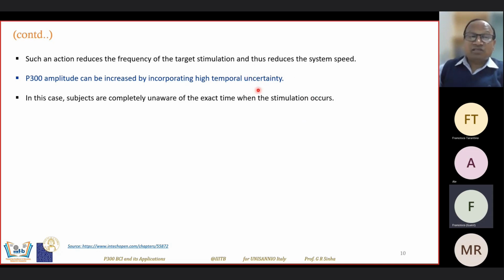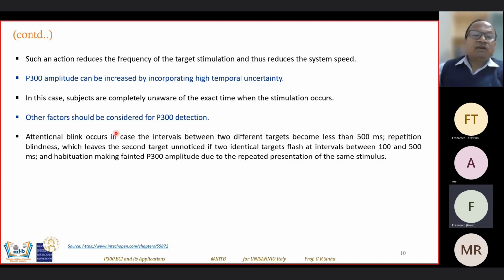The higher the uncertainty, the better the stimulation, because the subjects are not knowing the correct time or the correct rate by which the target is coming. So the stimulation occurs.